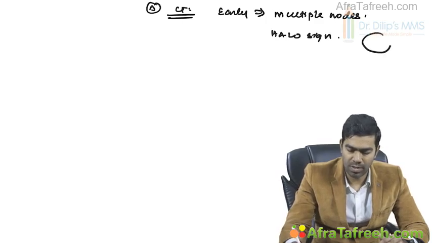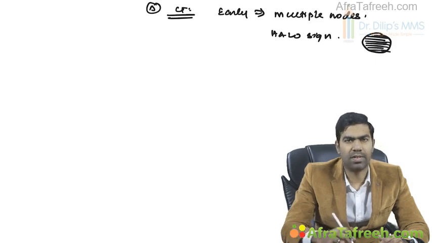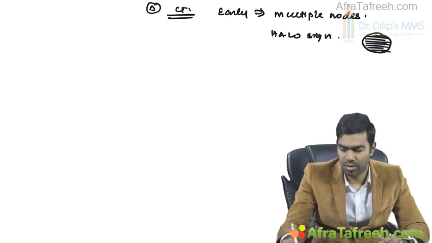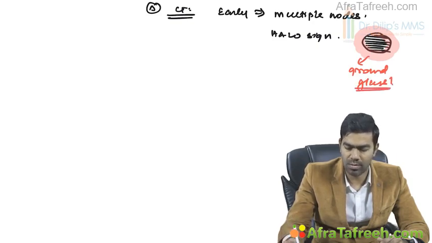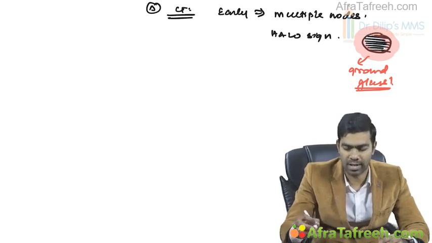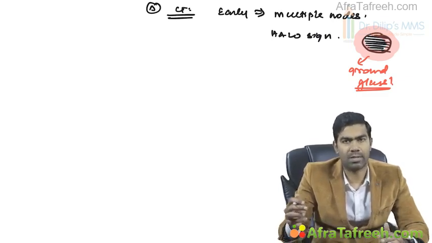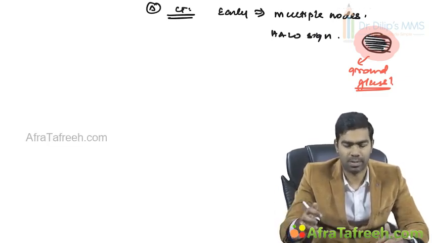So halo sign means you will have an infected nodule that will be having hemorrhage in the surrounding. This hemorrhage in the surrounding is what is going to show us ground glass opacities. Around these nodules there will be ground glassing. So that is very characteristic of invasive aspergillosis, and it's called a halo sign.